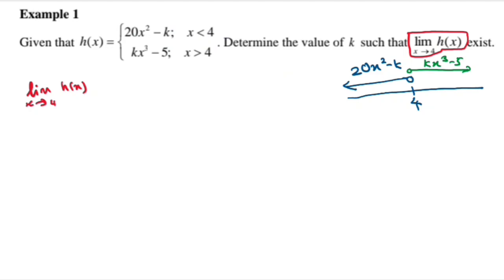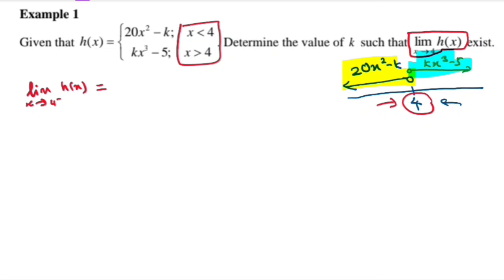Now, the question wants you to find the limit of h(x) as x approaches 4. So remember, for a limit to exist, the limit from the left hand side must equal the limit from the right hand side. So at 4, as you can see, from the left hand side we have a different function, which is this one, and from the right hand side, we have a different function, which is this one.